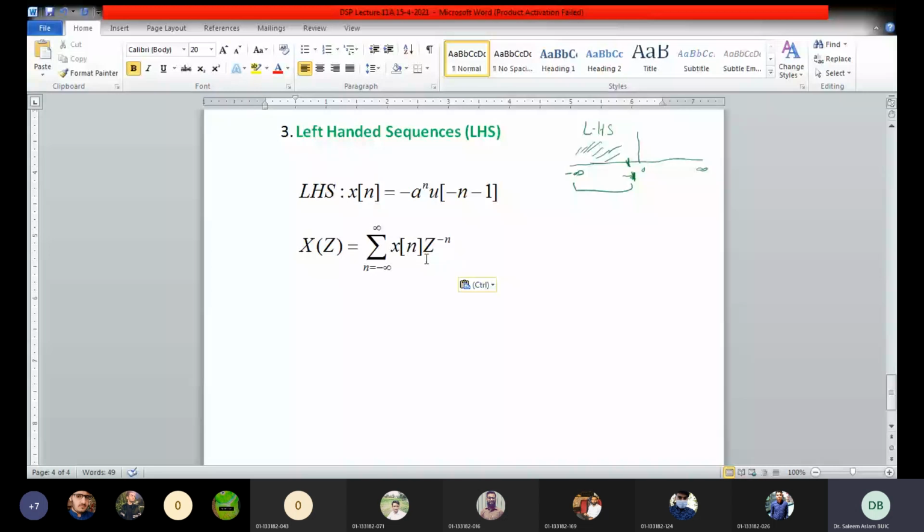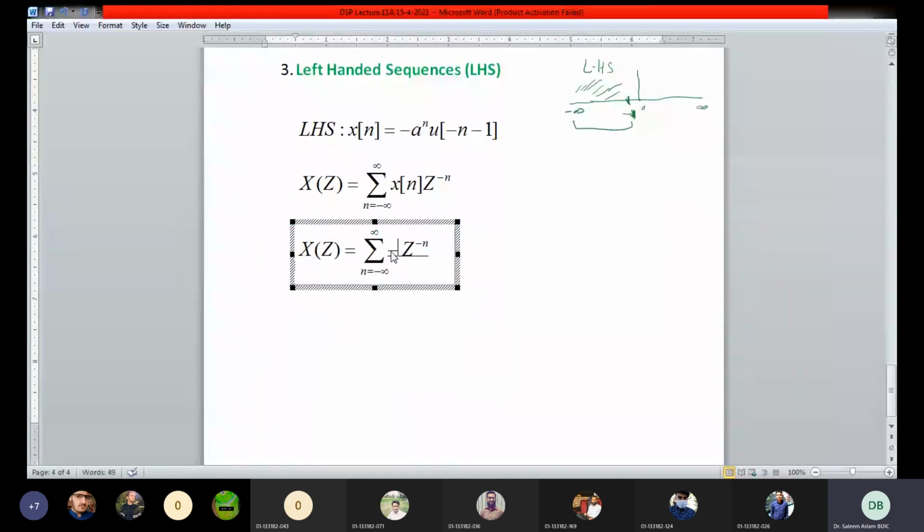But now our x of n is minus a to the power n u of minus n minus 1. So let me replace this x of n with minus a to the power n u of minus n minus 1. Let me put it in superscript. Now it is okay.